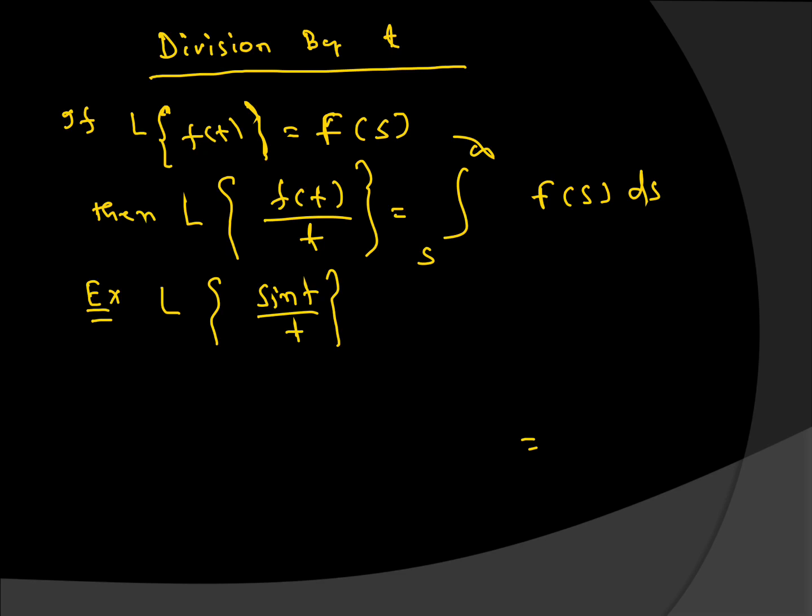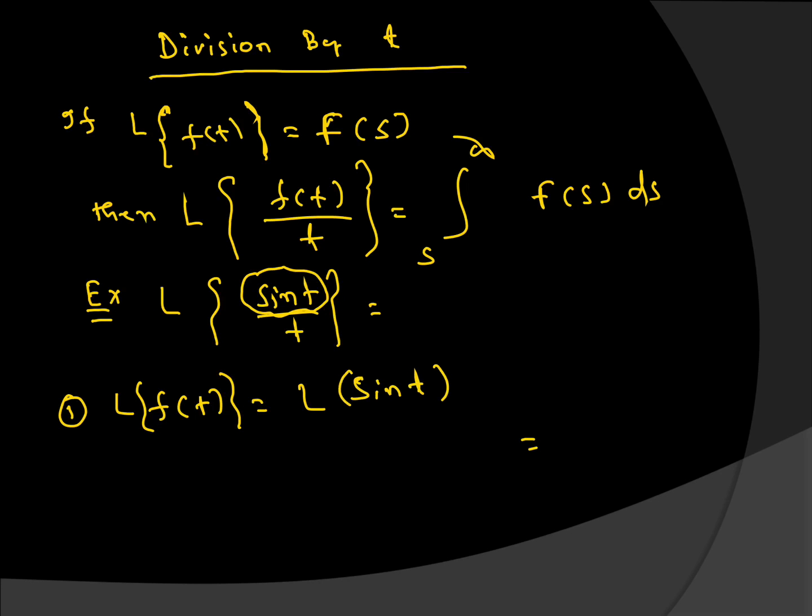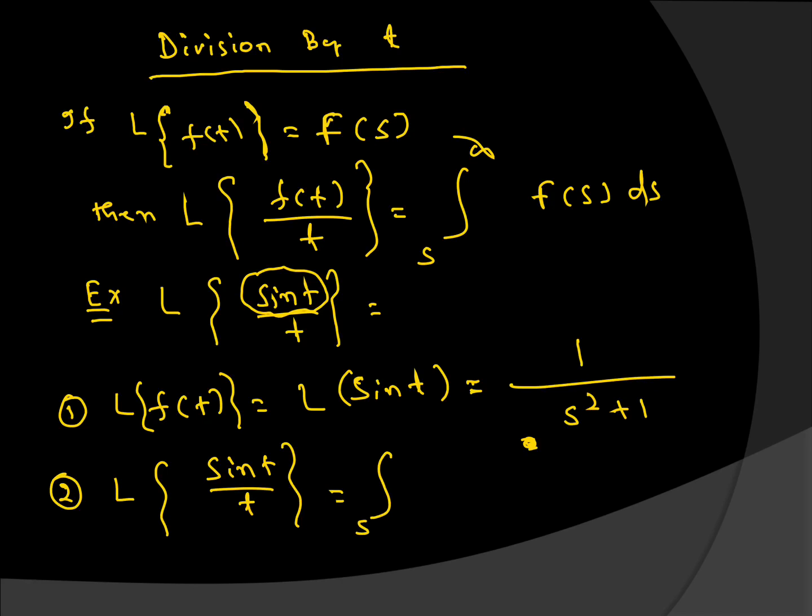So step 1, our f of t is this term. Laplace of f of t, first we will do Laplace of sin t. Omega is 1 here, so it is 1 by s square plus 1. Then in the second step, Laplace of sin t divided by t, we have to do the integral from s to infinity, F of s is 1 by s square plus 1 ds.